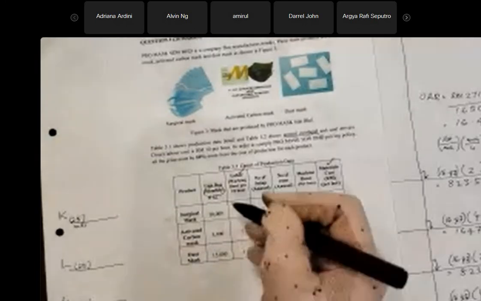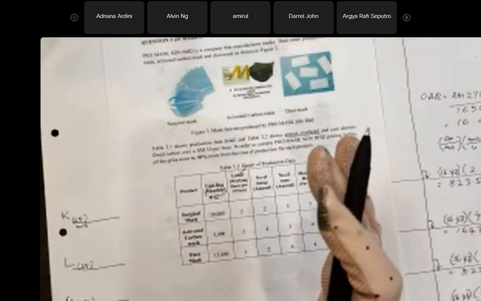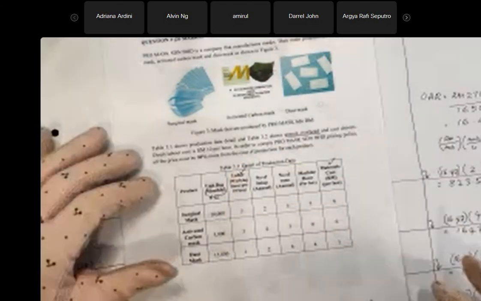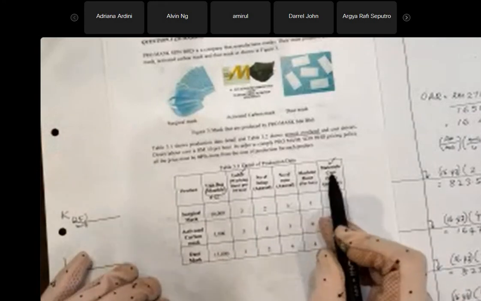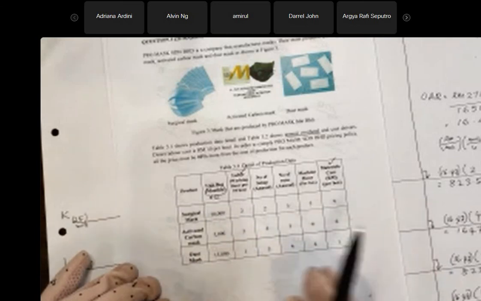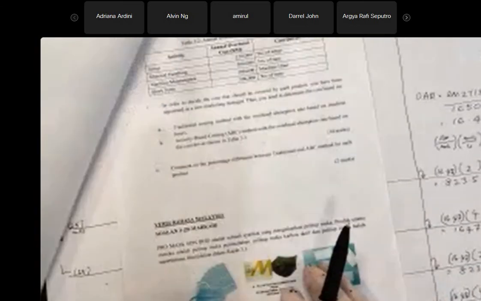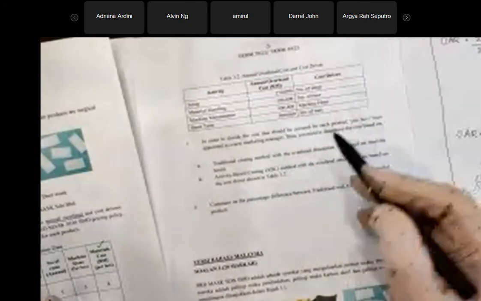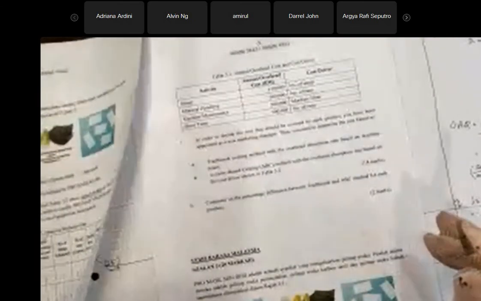Ni hour per 10 box tau, bukan hour per box. Ingat, dia punya objective to get RM. Macam mana pun tak kisah, RM. Sama juga material pun RM per box. So you have to multiply by something here. Then yang ni annual overhead. Overhead dah ada, just combine and then calculate in traditional costing method. Senang je.